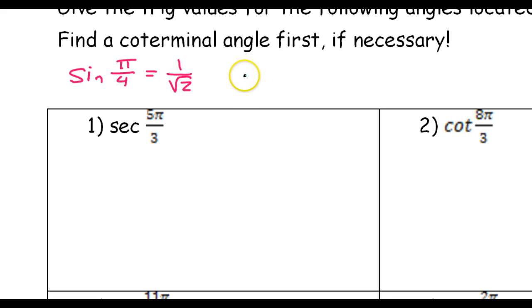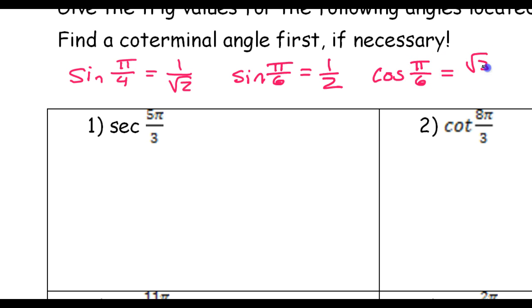And I want you to memorize that the sine of pi over 6 is 1/2. Okay? And I want you to memorize that the cosine of pi over 6 is radical 3 over 2.